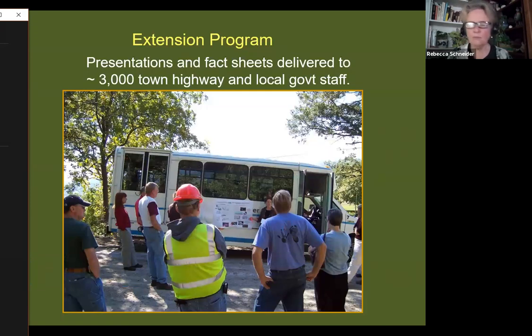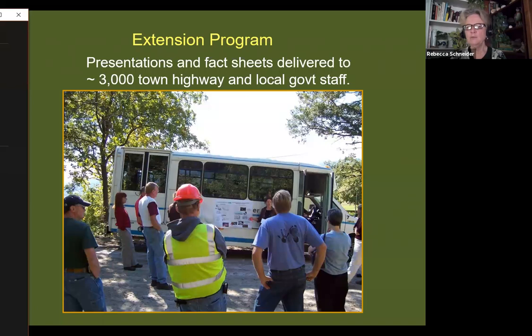So we have an extension program. We have been working for 10 years with highway staff about changing their practices. We've gotten the Chesapeake Bay program and Vermont to put in place better management for roadside ditches as part of their programs for their streams and for the Chesapeake Bay.